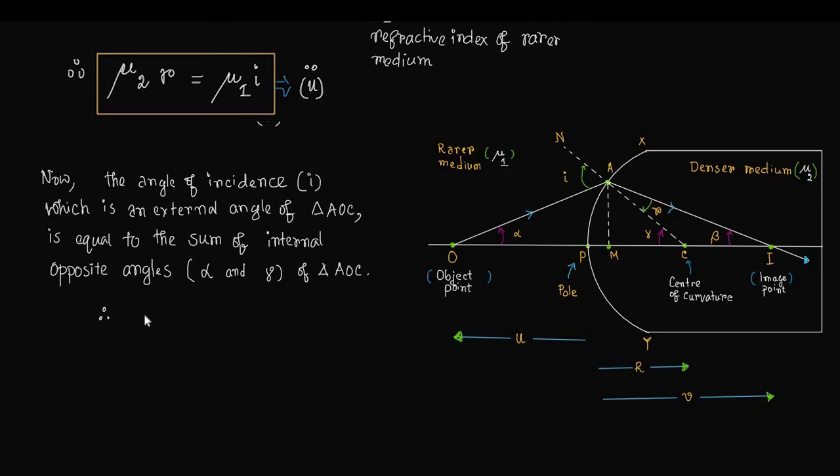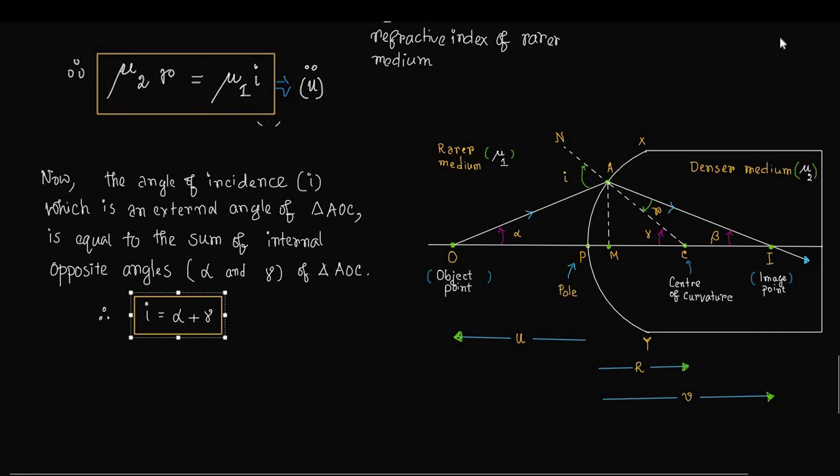Therefore, external angle is equal to the sum of two internal angles, hence we can write I is equal to alpha plus gamma, which is equation 2.